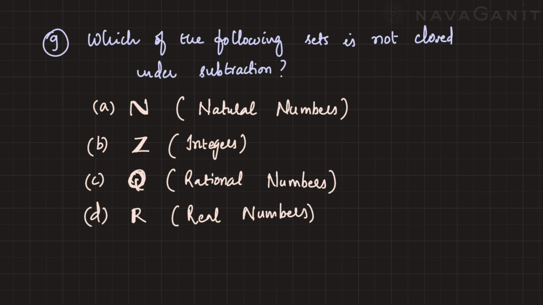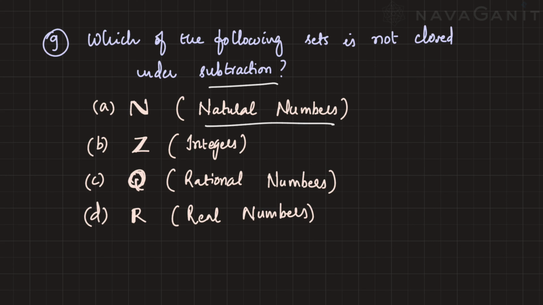Which of the following sets is not closed under subtraction? Natural numbers, integers, rational numbers or real numbers. First of all, you need to keep these notations in mind.